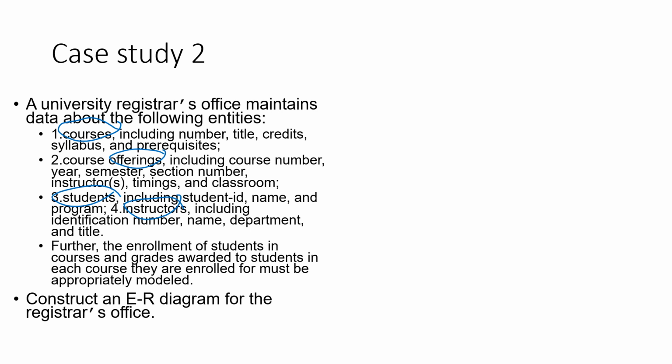The enrollment of students in courses and grades awarded to students in each course they are enrolled for must be appropriately modeled. Write an ER diagram for the registrar office. So let us draw the ER.